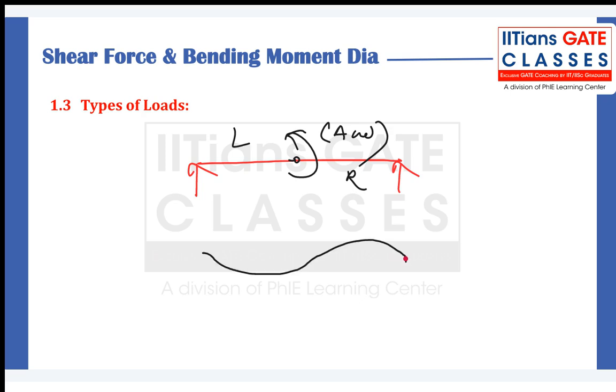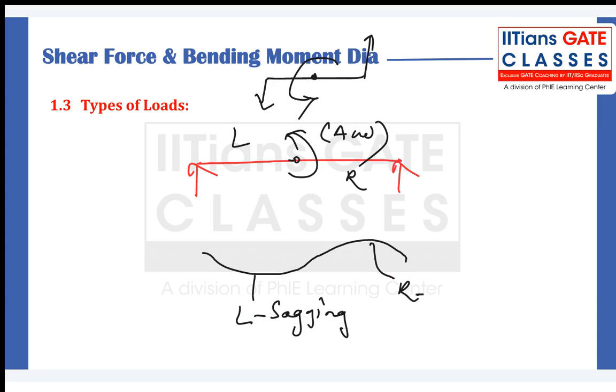It is like this: you have a load acting up, down, and here up, and about this point you have a couple. So is your left hogging or sagging? Your left is sagging and your right is hogging. Now guys, this is very important.